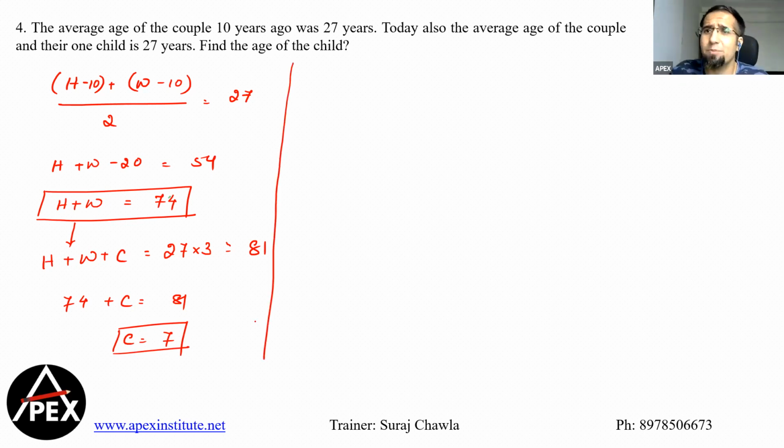Now let's look at the shortcut method, guys. I am not asked the ages of husband and wife, so I'm not bothered about them. Let me assume, since the average age of the couple is 27, each one of them has 27. 10 years later, this guy will increase by 10 and this guy will also increase by 10.